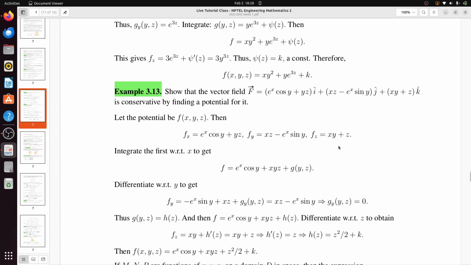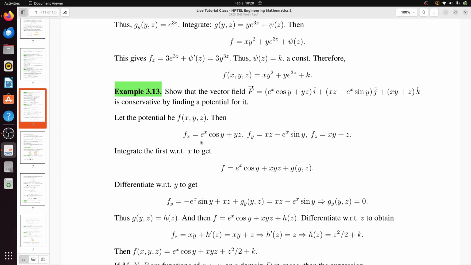This symbol means del f by del x. So you observe that del f/del x is equal to e^x cos y + yz, del f/del y is equal to xz - e^x sin y, and del f/del z is equal to xy + z.